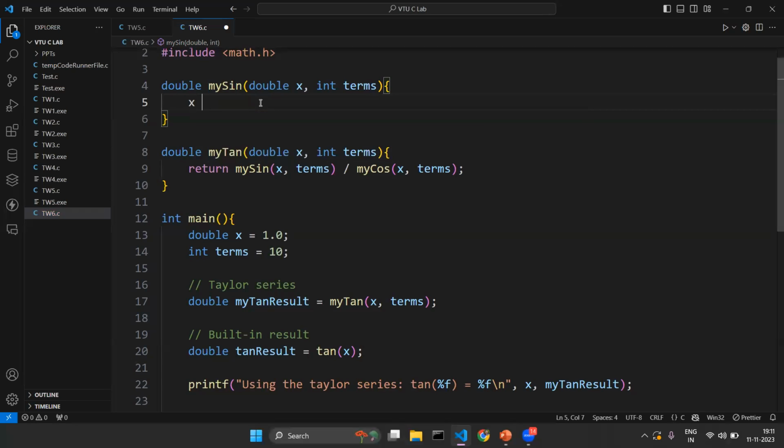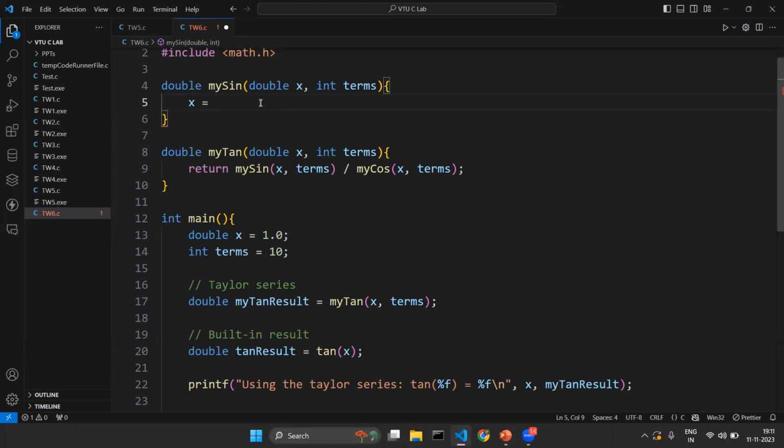Let's write. First what I will do is x equal to, there is a concept called normalizing x to the range of 0 comma 2 pi. If you are a little bit familiar with the Taylor series expansion, or other mathematical series which are helpful for finding trigonometric results, then you will come across this term, normalizing.